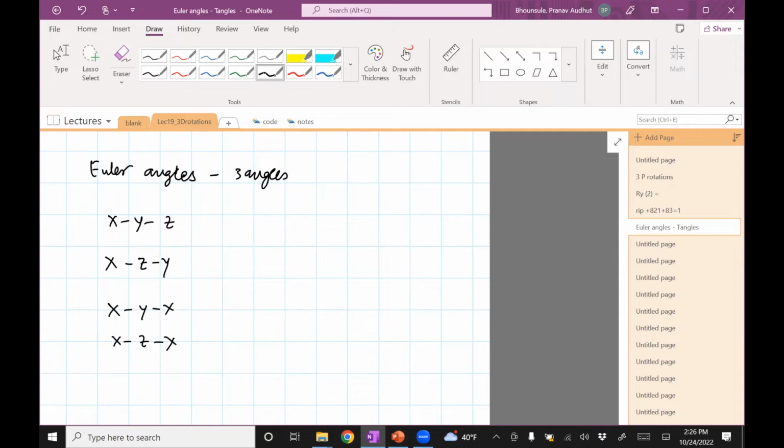Note that you cannot do x, x, x, because that will not give you orthogonal rotations. It will all be rotation about 1 axis, it will be planar rotation. So you are not allowed to have 2 consecutive axes be the same. X, x, y is not allowed, but x, y, x is allowed, because when you go from x to y, you go out of plane and then you come back into the plane of x.